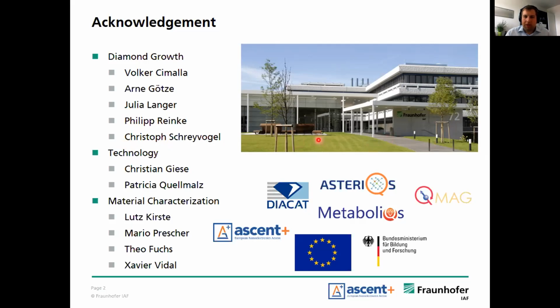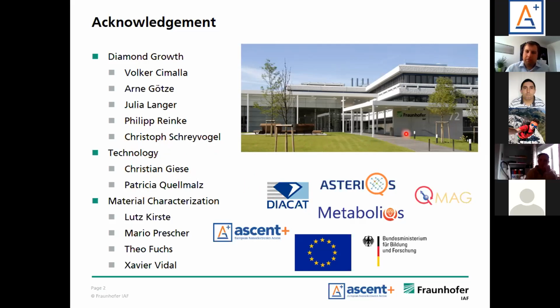Then from the technology side, this is mainly done in our clean room. There is Christian and Patricia that put a lot of effort in shaping diamond at the micro and nano scale. We also have a lot of people involved in characterizing our material, be it X-ray characterization or secondary ion mass spectroscopy. Here is Lutz, Mario, Theo.